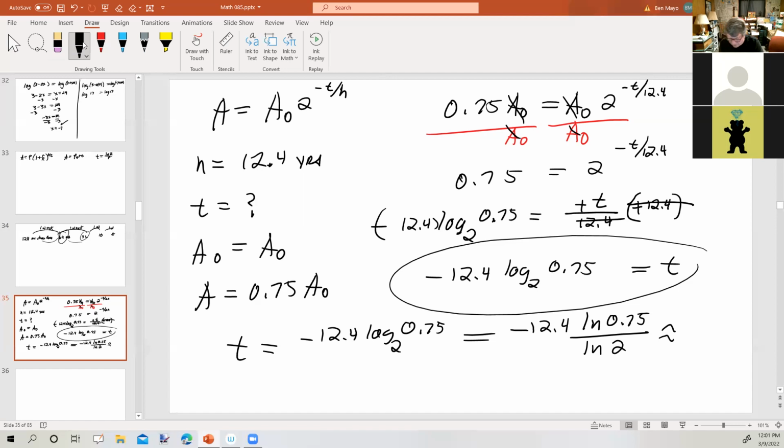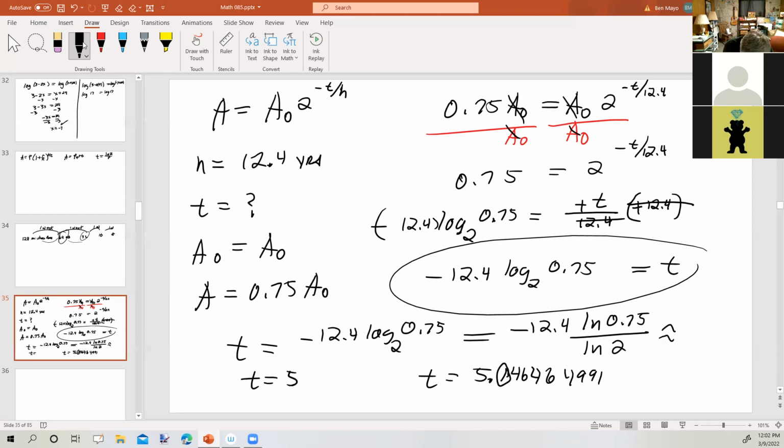That's all going to go into my calculator. So negative 12.4 natural log of 0.75, close it up with parentheses, divided by the natural log of 2, close it up, and I get 5.14646499111, and they rounded to the nearest tenth of a year, which would be right there.